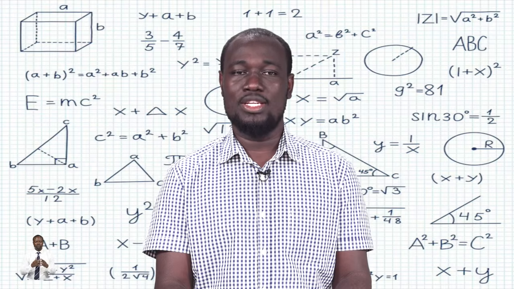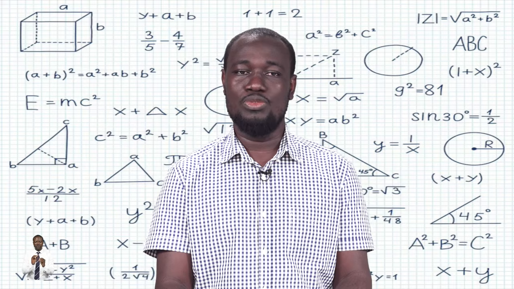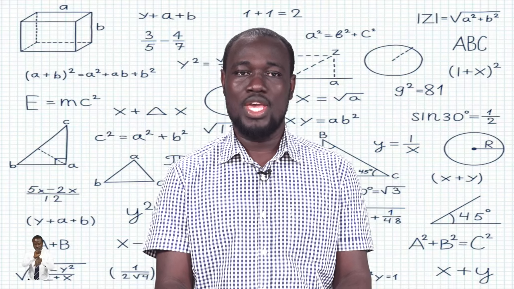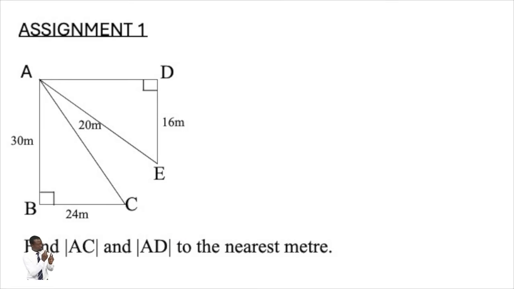We are coming to the end of the lesson, and I would like to leave you with some examples to work on your own. So we have on your screen assignment 1, 2 right-angled triangles in one diagram. You are supposed to find the magnitude of the line AC and AD.